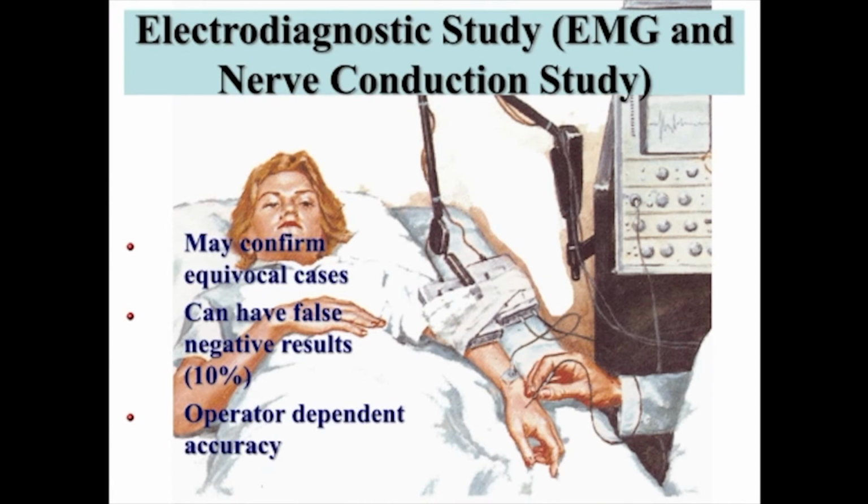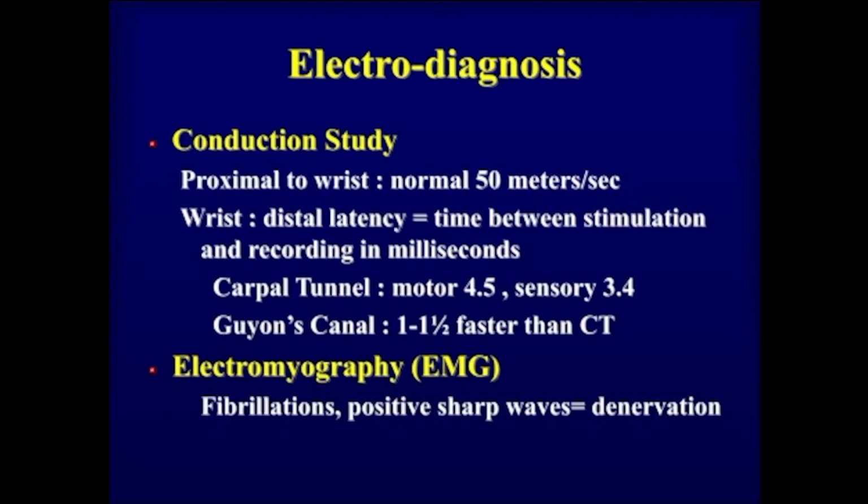Electrodiagnostic studies are very useful. They are objective. However, they are not perfect. They tend to be effective in determining whether or not there's slowing of conduction. When we look at these electrodiagnostic studies, I think it's important for all of us to read the studies rather than to just look at the determination made by the person who did the study.